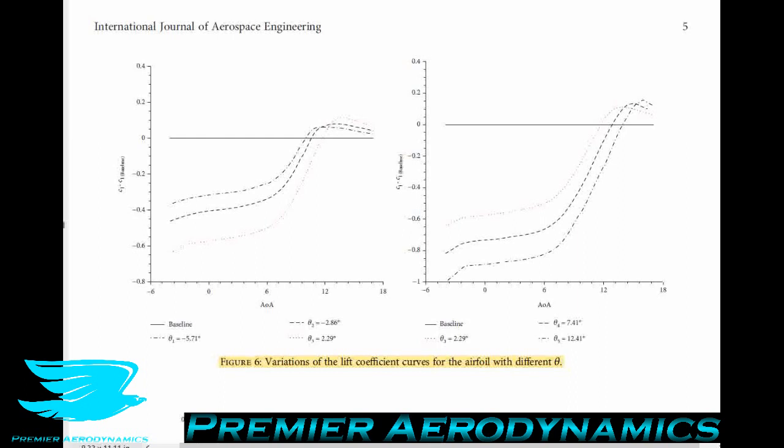And this also delayed stall. The reason is that when you remove that little section, you reduce the adverse pressure gradient, which means that the flow can stay attached to higher angles of attack. The same general thing occurs here, and it's a different geometry altogether. So it's quite interesting that they have two different geometries, but they occur in the same general region, and they affect the adverse pressure gradient to a similar sort of extent, and the lift coefficient as well.